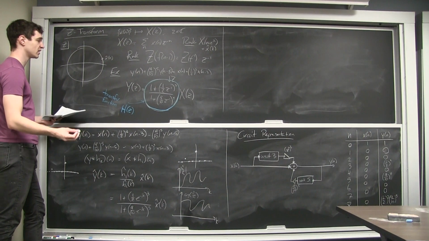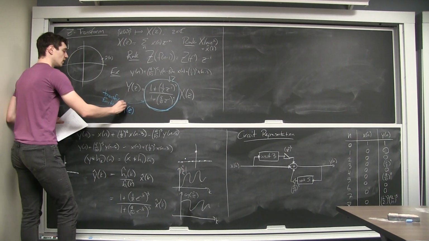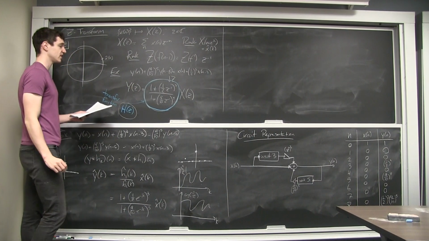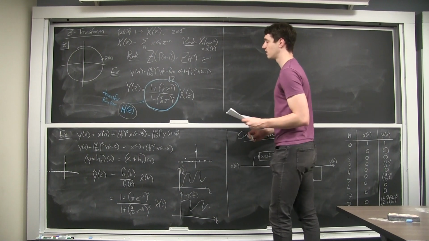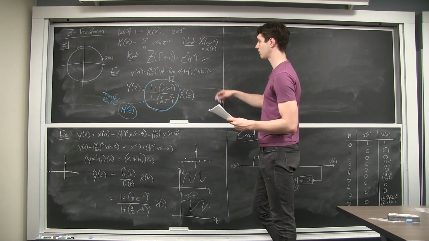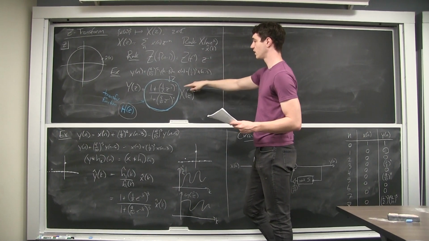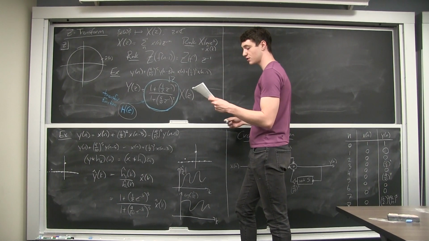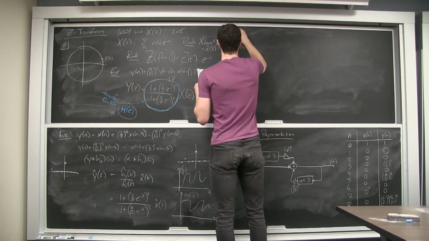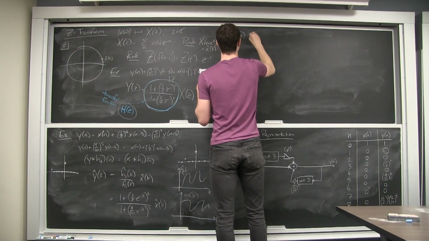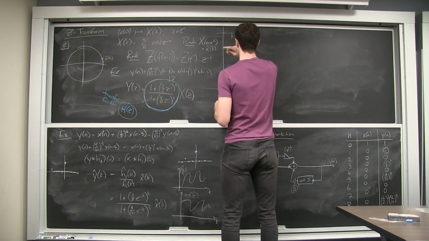Okay, so now everything that we want to do to understand this filter can be done through understanding this function H of Z. And now that we've gone through this construction, in order to turn it into a polynomial, we can do some nicer things with it. In particular, we can factor it. So H of Z, we can rewrite it as pulling out all the Z inverses and factoring.